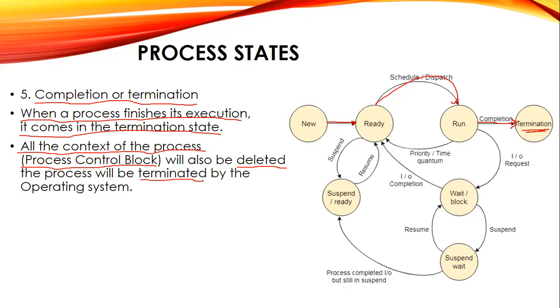It is deleted when it has finished execution. The process control block will not be useful anymore. Of course, if that process is created again, everything will start over. So this is completion or termination.